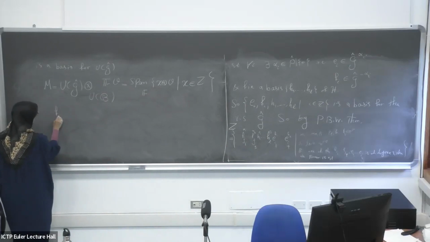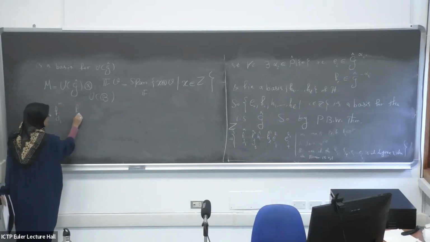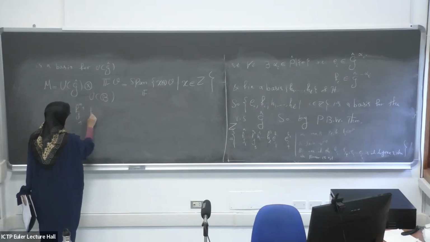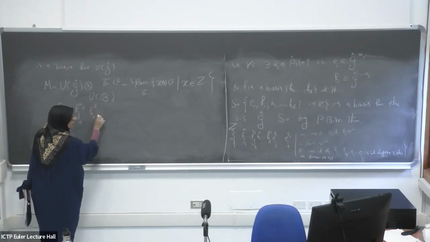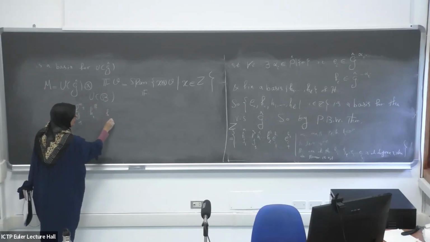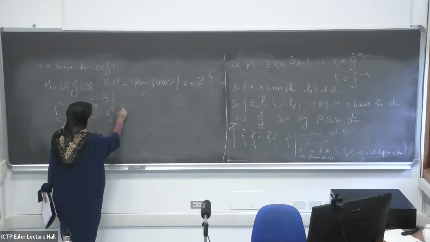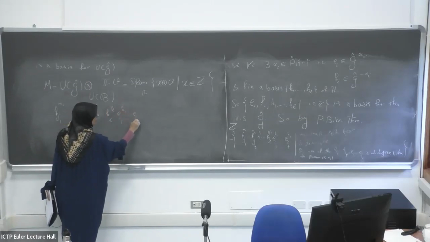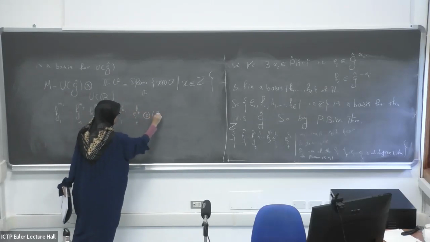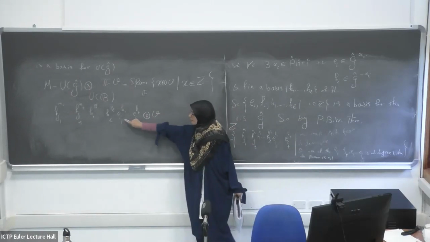If we look at Fj1 to the M1 up to Fjs to the Ms, H1, P1, HL, PL, EI1, K1, EIT, KT, tensor B. Please be careful. Look at this.